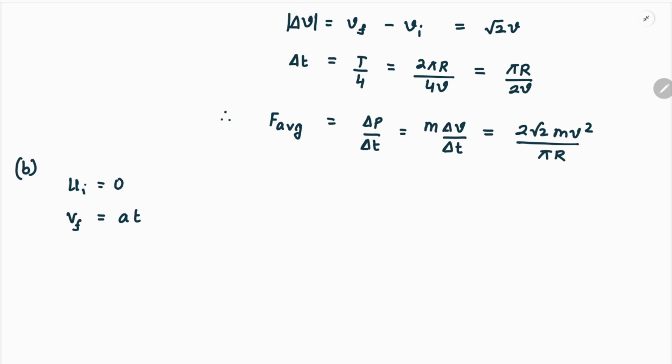And in this span of time, delta t, if we calculate F average from this point of view, this is equal to delta p by delta t, and therefore we get the value equal to m a, where a is the tangential acceleration of the particle. So this is how we solve this problem, which is problem number 1.83.